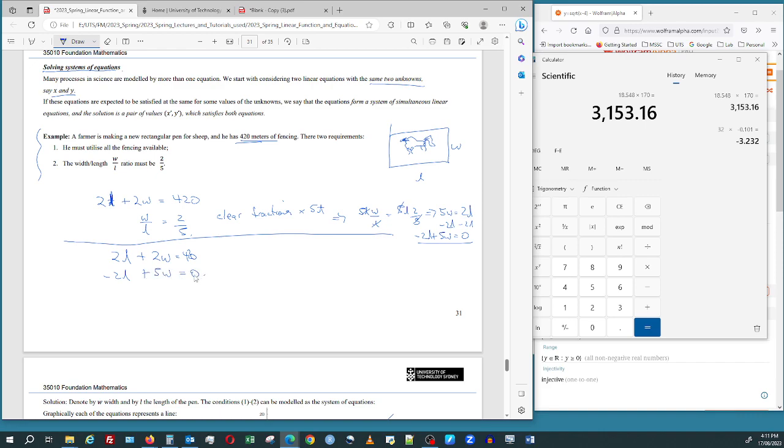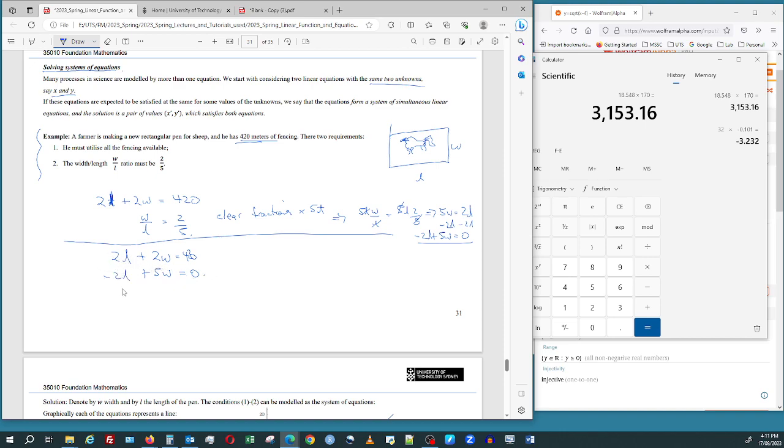That's 0. Okay. So we just need to eliminate one of the variables by using row and equation operations. And the easiest thing to do is to add one to the other, because minus 2L plus 2L will eliminate.